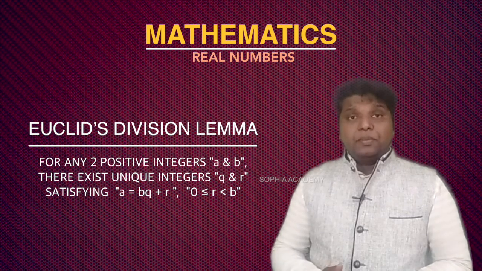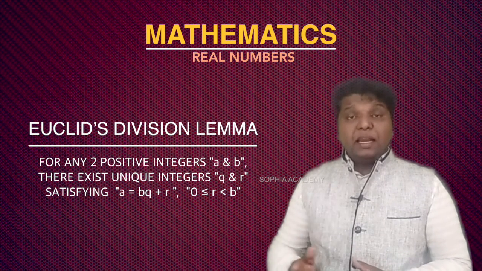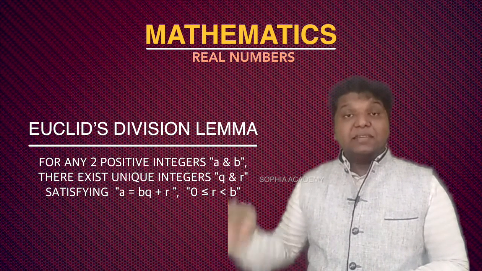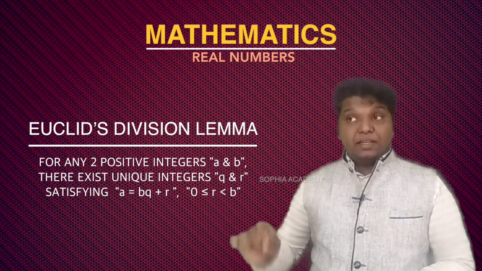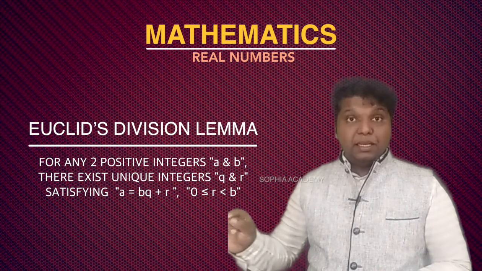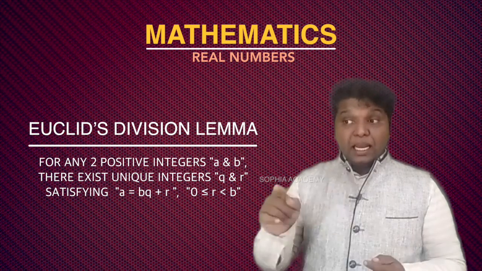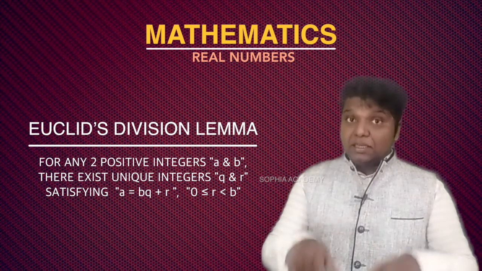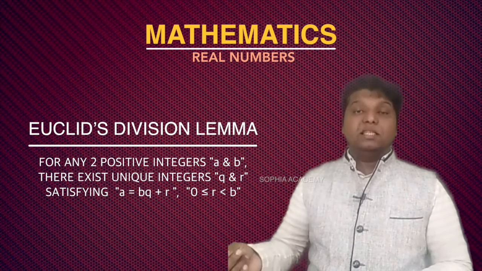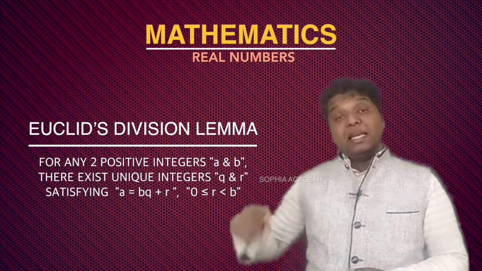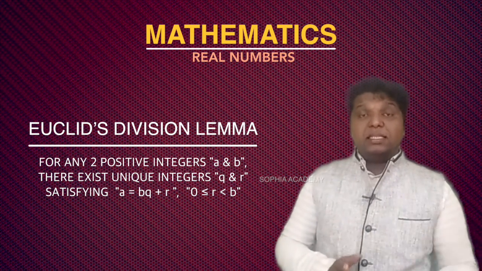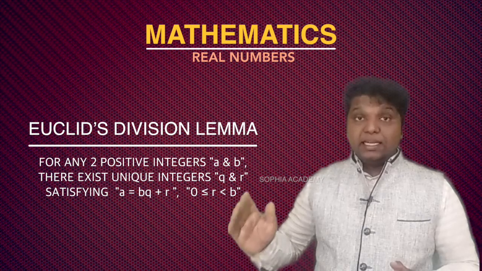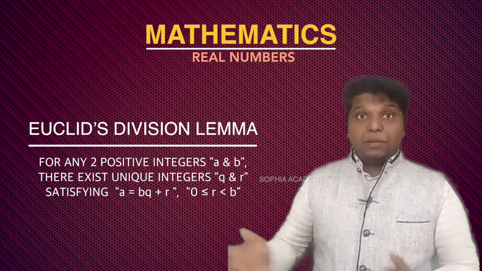What does it mean? It means that the remainder will always be less than the divisor, that's why r is less than b. On the left side, it's less than or equal to, so it can be 0 or greater than 0. So the remainder stands between 0 and the divisor b.